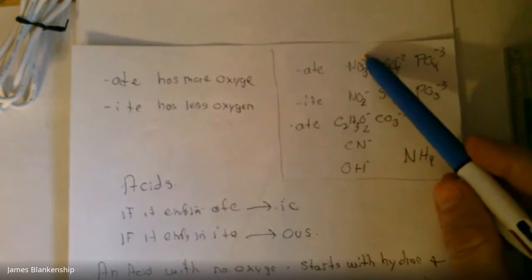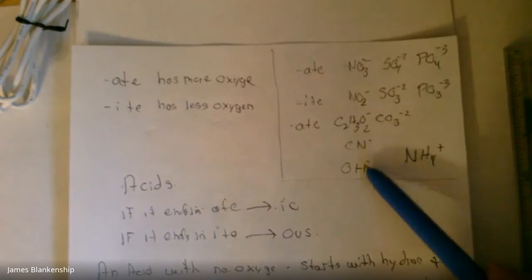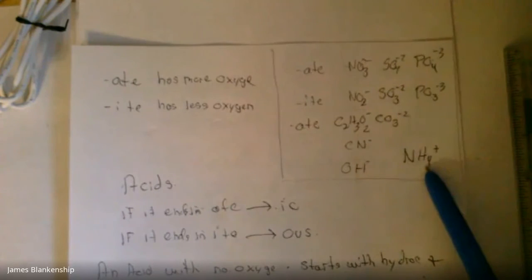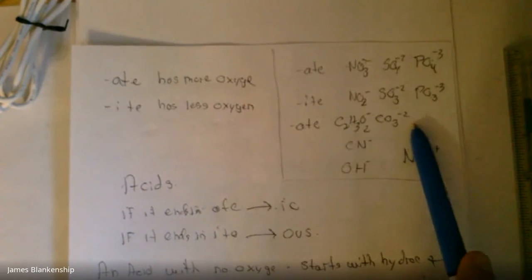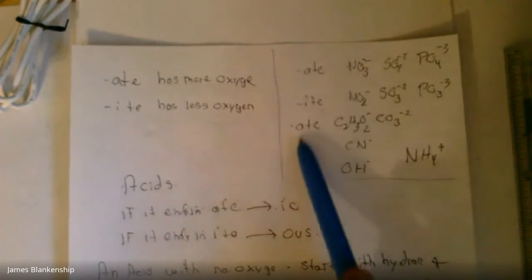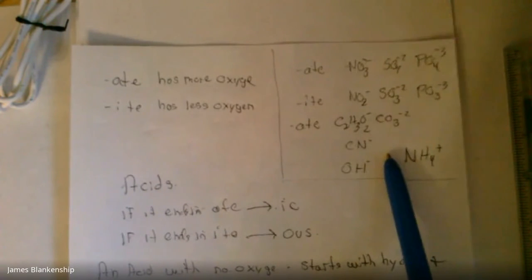All your -1s, NO3, NO2, C2H3O2, CN, and OH. And then this is ammonium. Remember, your first row is ate, your second row ends in ate, your third row ends in ate. Now, these are by no means all of your polyatomic ions, but they are your most common ones.